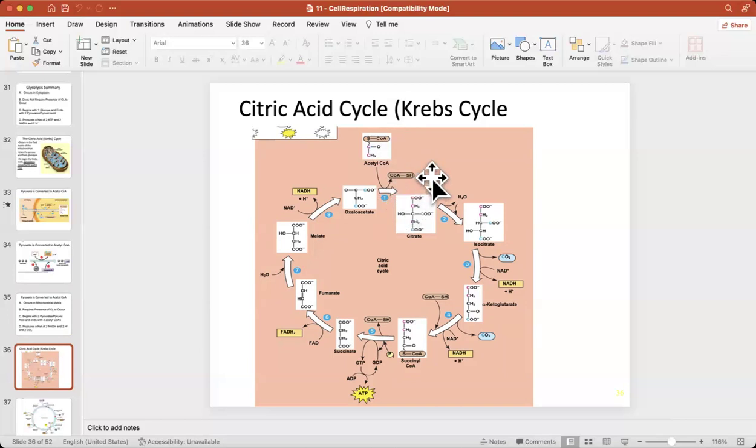Originally, you have a molecule which has 4 carbon, then you add acetyl-CoA and it becomes 6 carbon. Then you start to cut carbon away. The carbon is released as CO2. Then you cut another carbon away and release another CO2. In this whole process, it does not produce too many ATP, only 2.